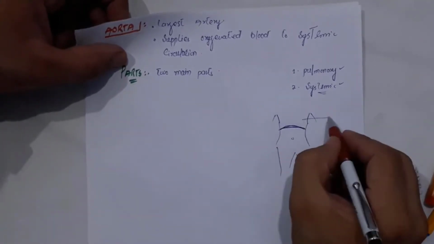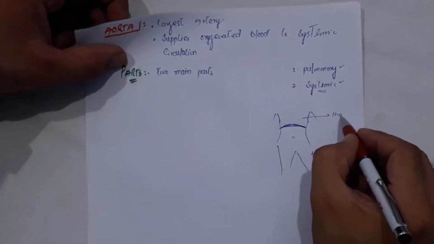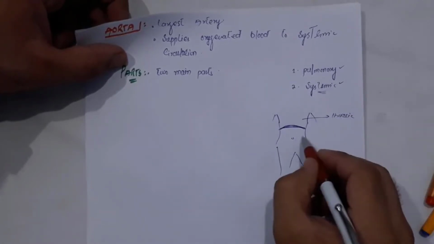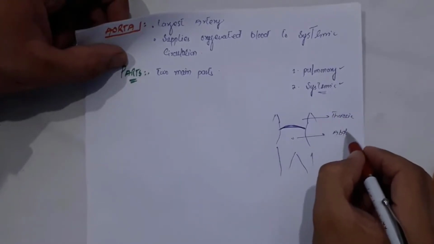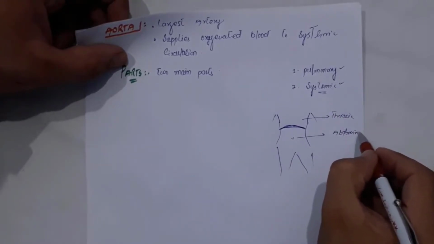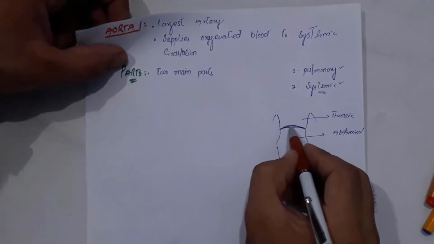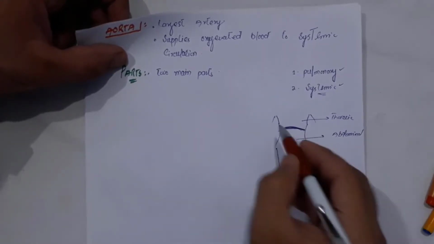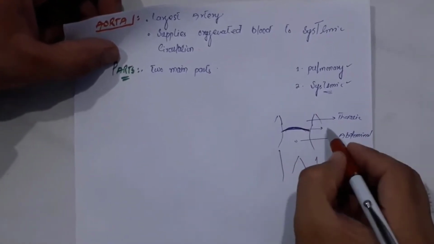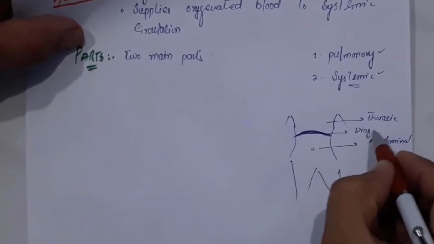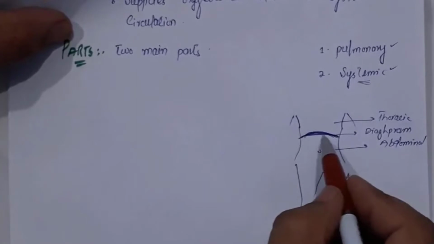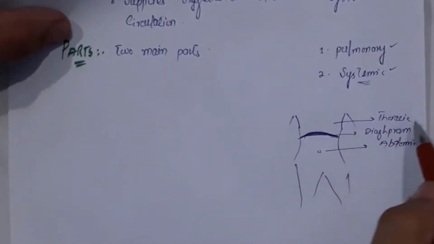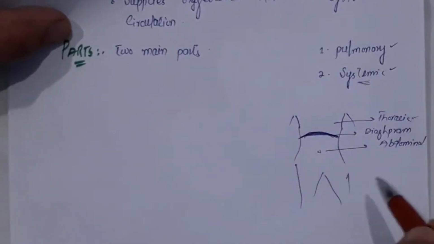This cavity is called the thoracic cavity, and this one is the abdominal cavity. This tissue which is present here is the diaphragm. Now look carefully. The diaphragm is the tissue which separates the abdominal cavity from the thoracic cavity.